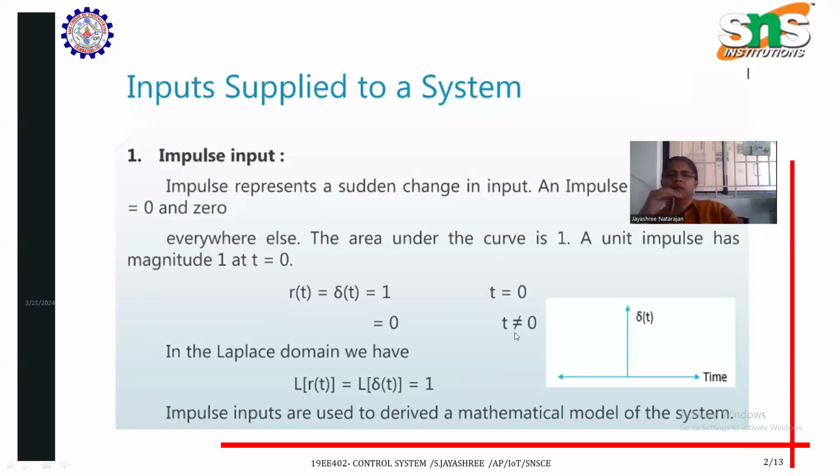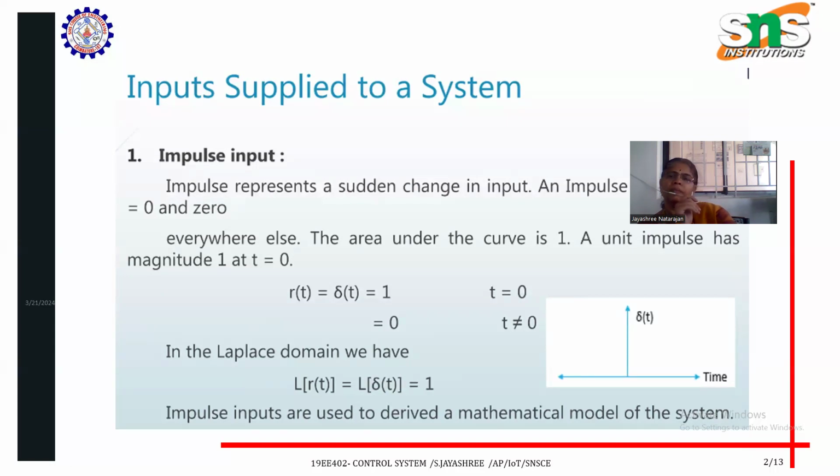Next, we'll discuss different types of inputs. First one is the impulse input. From the name itself, it is easily understood. At the 0th hour there is an input: the signal appears at time 0, but before 0 and after 0, the signal vanishes.